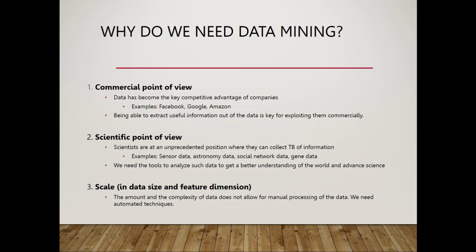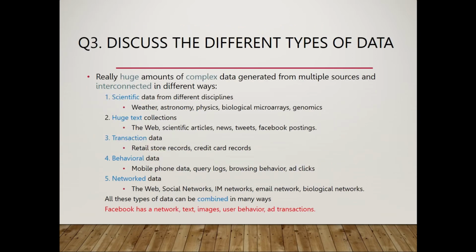For the scientific, we have sensor data, astronomy data, various network data. In the scale, we have the feature dimension, that is, the amount and the complexity of the data does not allow the manual processing of data. We need to automate the things, we need to automate the mining process. So that's why we have to go for the data mining process.